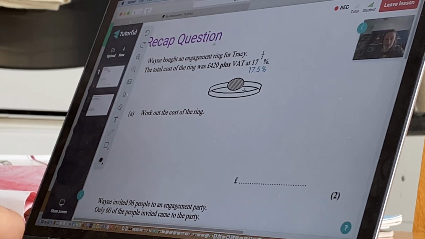So this one is going to be an increase, because it says plus. So how might we do this one? We do it the other way around. Divide 420 by 17.5.